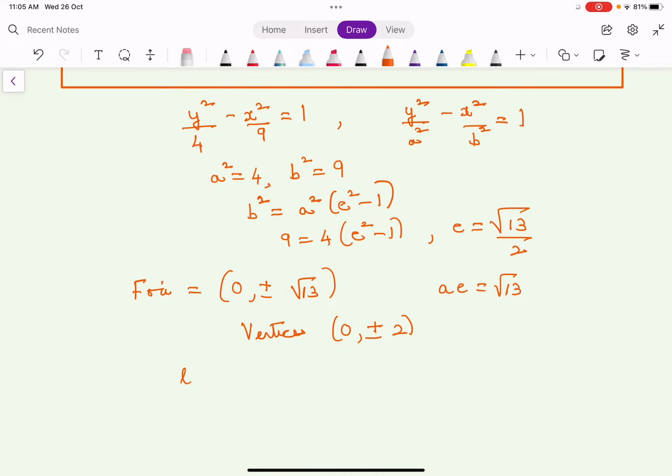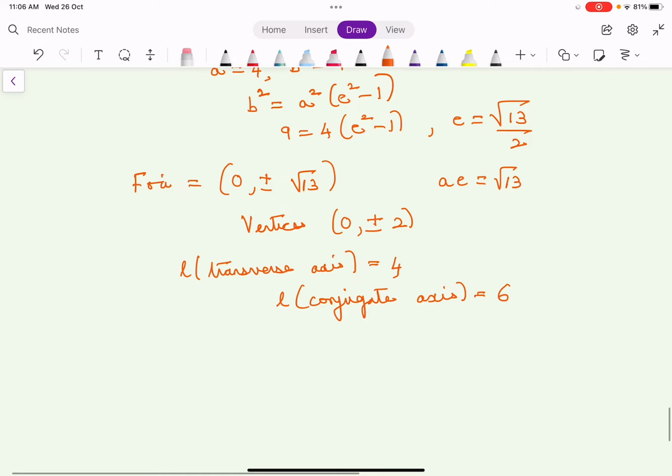Length of the transverse axis is given by 2a, so that will be 2 into 2, that is 4, because a is 2 here. Length of the conjugate axis would be 2b, and that would be 2 into 3, which is 6. And length of the latus rectum is 2b squared by a, that is 2 into 9 by 2, which is 9.